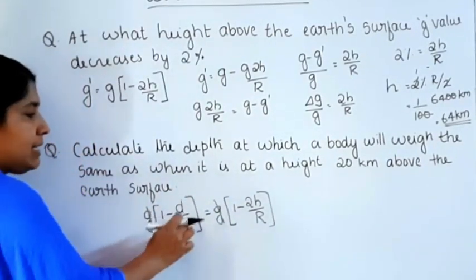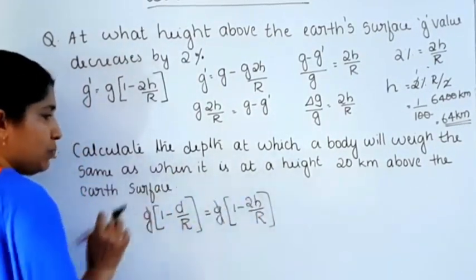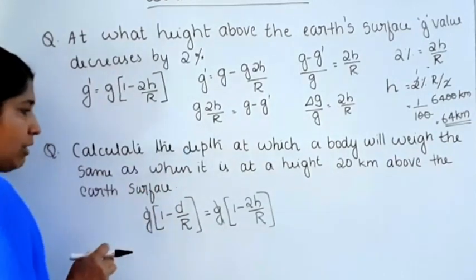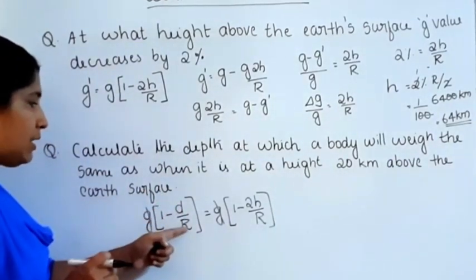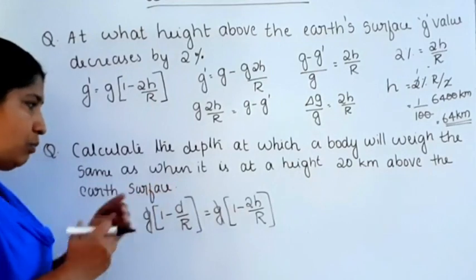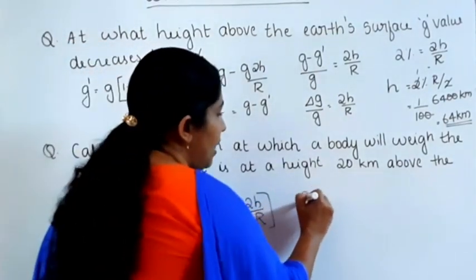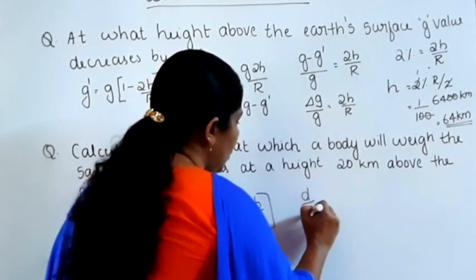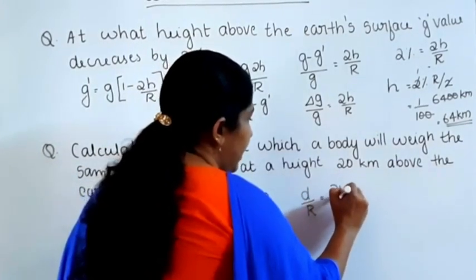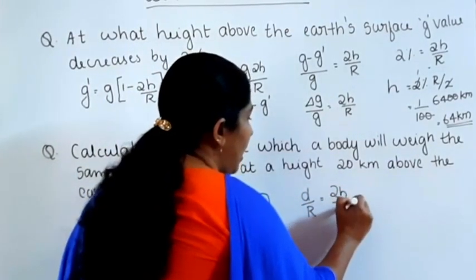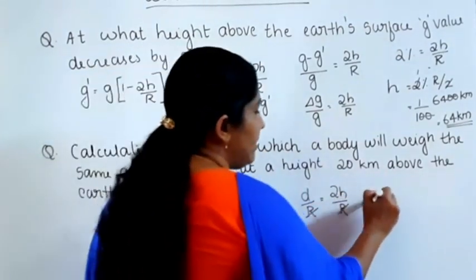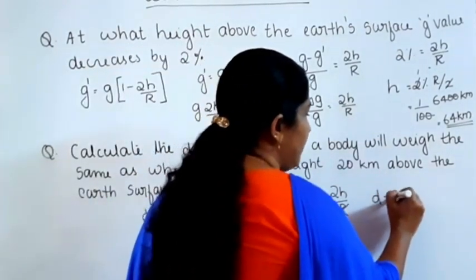Then 1 minus d by r is equal to 1 minus 2h by r. The 1 minus is common on both sides, so d by r is equal to 2h divided by r. Then r gets cancelled, and d is equal to 2h.